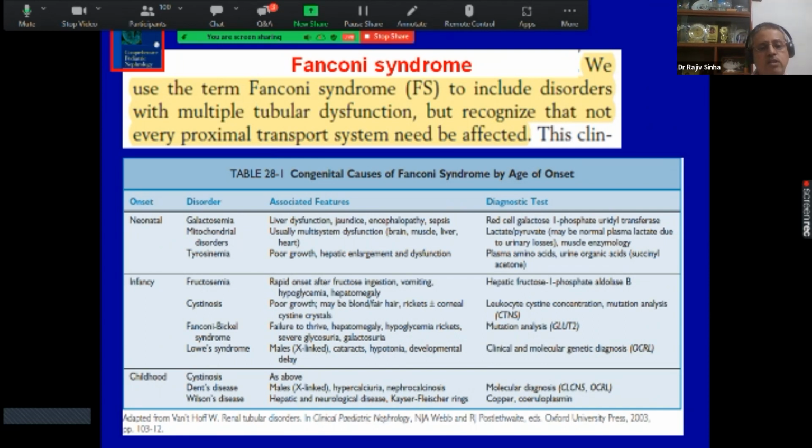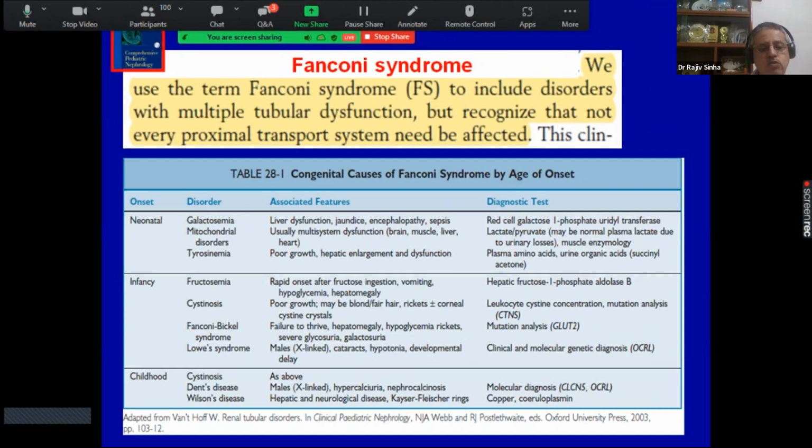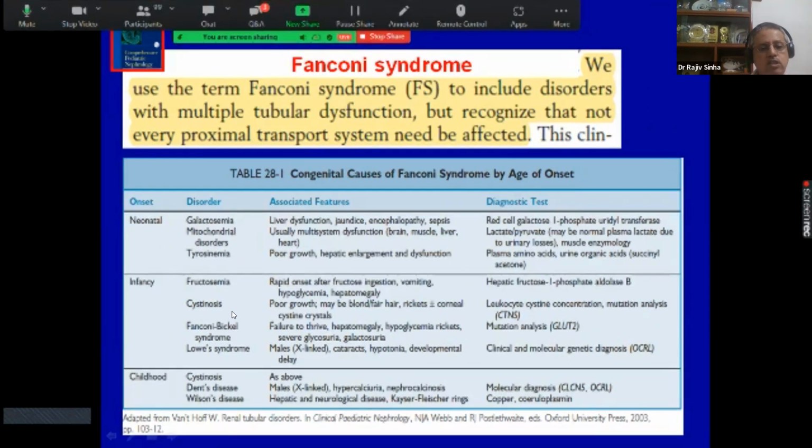And we all know that Fanconi syndrome can result from a wide variety of disorders, ranging from, say, galactosemia, thalassemia, cystinosis, Fanconi-Bickel. All of this can present as Fanconi syndrome.